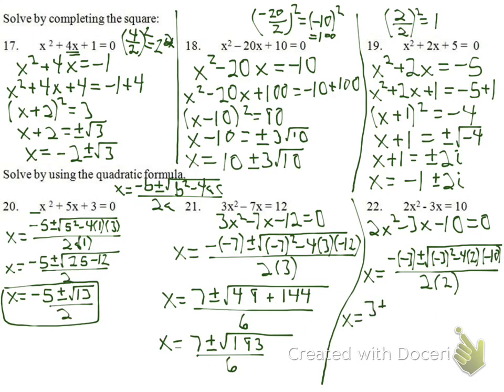So we get 3 plus or minus the square root of 9 plus, let's see, 4 times 2 gives us 8, times 10 is 80. And that's over 4. So our answer becomes x equals 3 plus or minus the square root of 89 over 4.